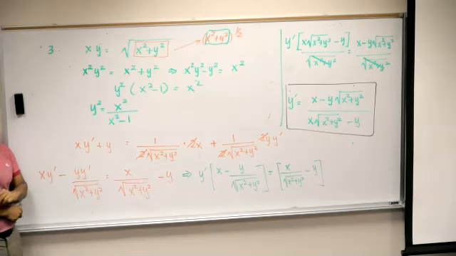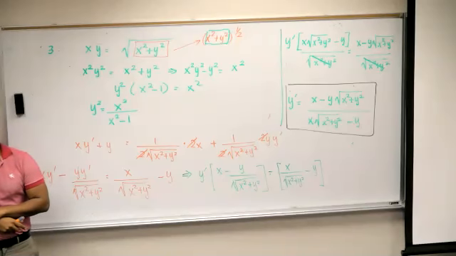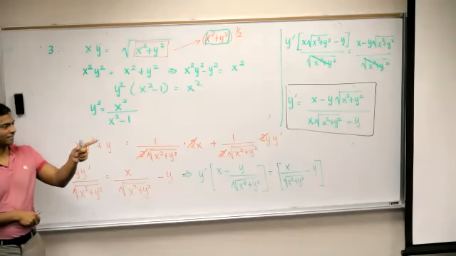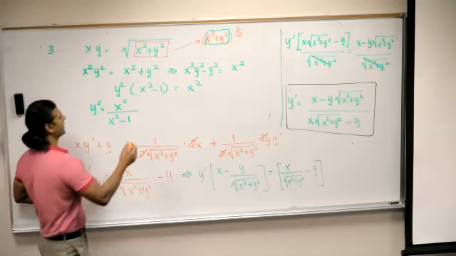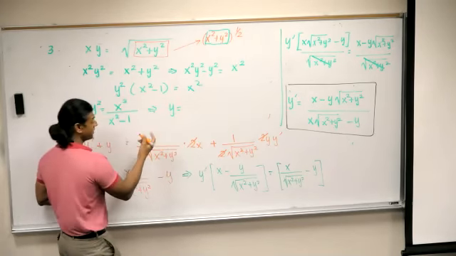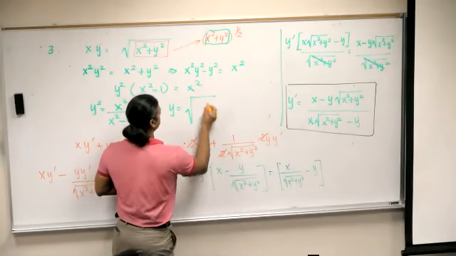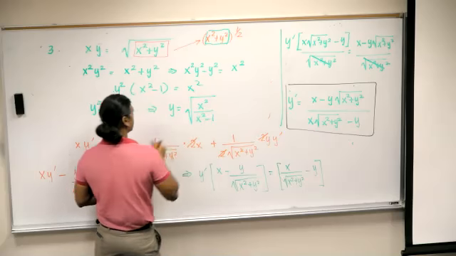So I got this, correct? What is the next step? Take the square root on both sides. y is simply equal to the square root of x squared over x squared minus 1.